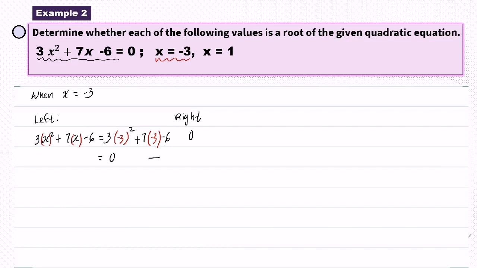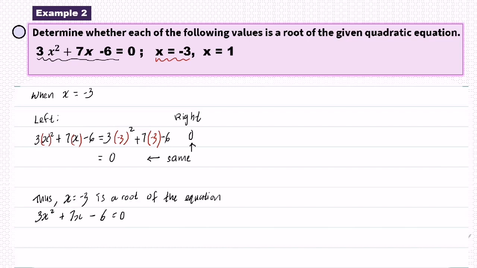So the value of left hand side and right hand side are the same. So what is the conclusion? x equals negative 3 is a root of the equation 3x squared plus 7x minus 6 equals 0. Okay, so quite simple, right?